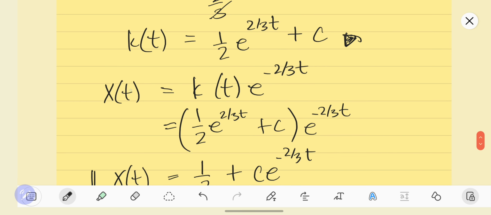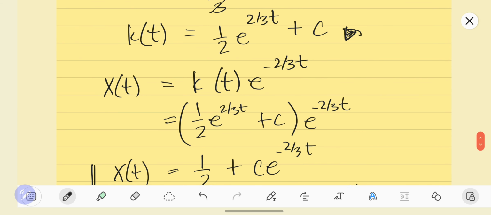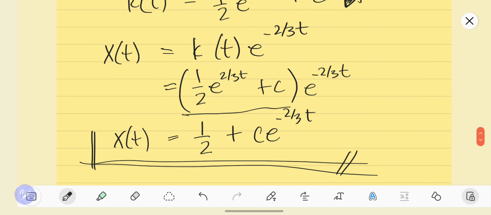Then this solution, you plug into the solution of number 4. The solution of number 4 is x of t is equal to k of t e to the negative 2/3 t, where k is equal to 1/2 e to the 2/3 t plus c, times e to the negative 2/3 t.